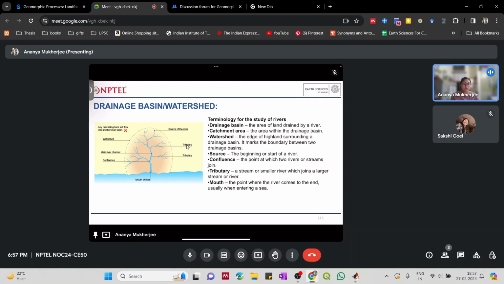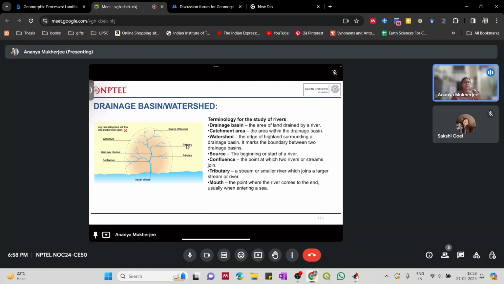So some terminologies that we have to remember: obviously the drainage basin, that is the area of the land that is drained by the river. Catchment area is the area within the drainage basin, where the water is. Then the watershed is the boundary of the drainage basin, which separates one drainage basin from the other. Then you have the source, the beginning, the origin of the river.